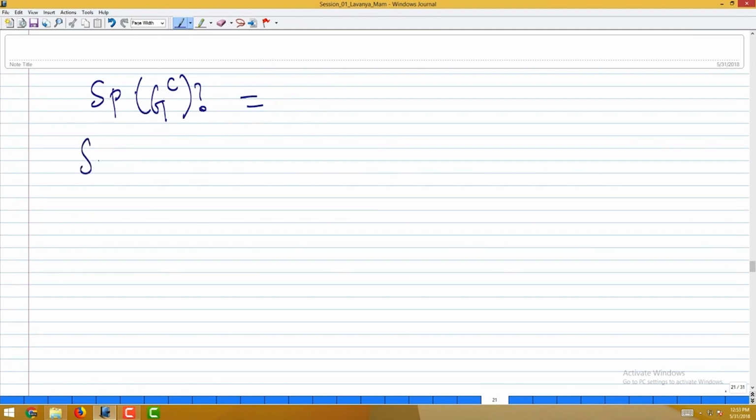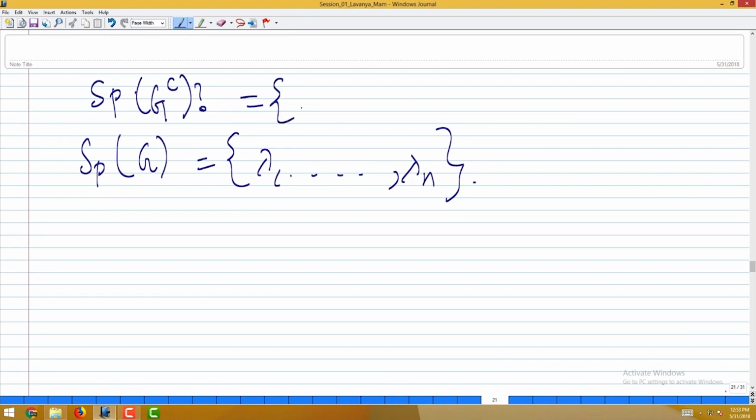So, if the spectrum of G has lambda 1 to lambda n, and we know the spectrum of J also, and for the identity matrix also, then the spectrum of G complement would be nothing but n minus lambda 1, n minus lambda 2 and so on up to n minus lambda n minus 1, followed by 0.